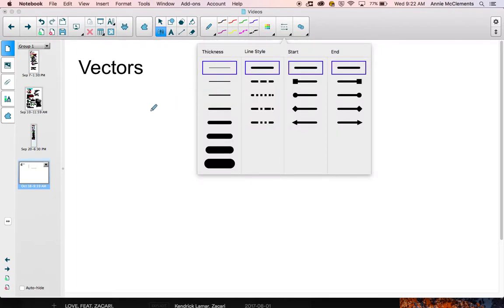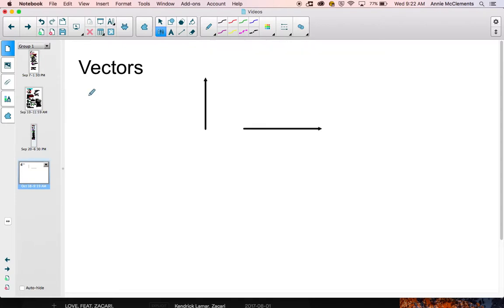As we talked about in class, vectors have magnitude and direction. And when we combine them, or add vectors, you add them head to tail.